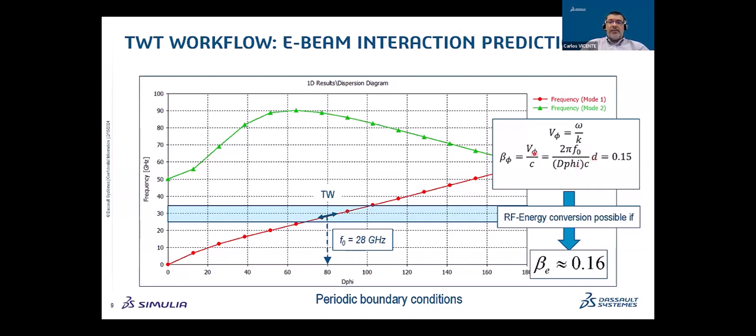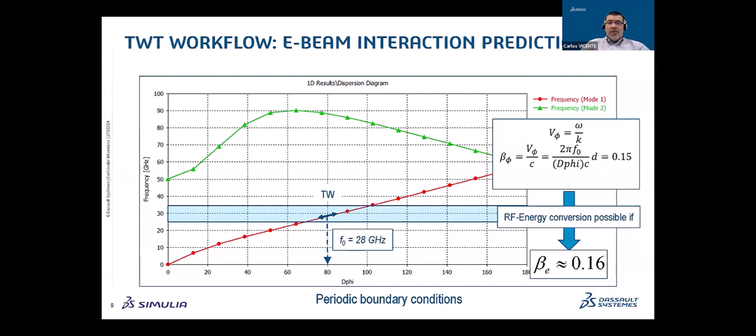With this, you can estimate the phase constant, in this case 0.15, of the slow wave. And then in order to couple this properly to the beam, you have to synchronize the phase constant of the electrons with the phase constant of the slow wave, okay?